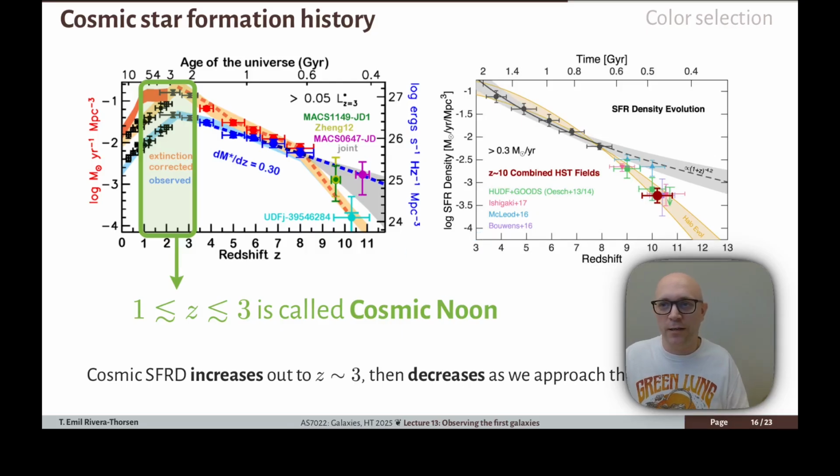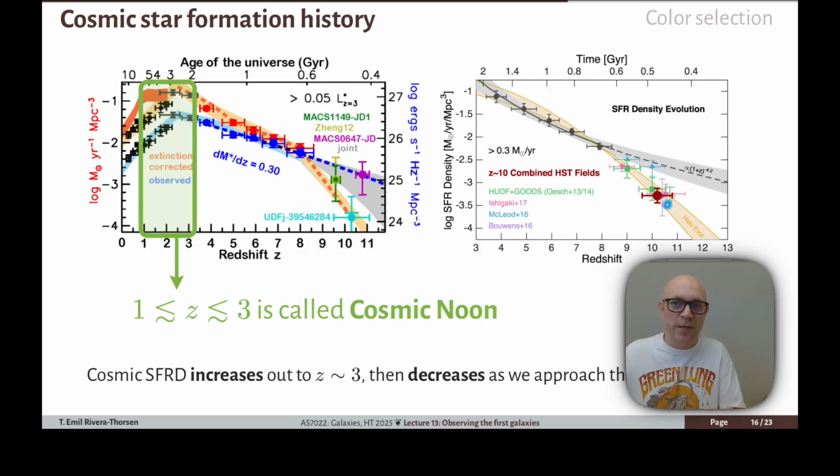What we have over here in the right side is basically just a better zoom in of what we see here, with some updated data and some better error bars. You can see the error bars here are a good deal smaller than they were over here. But it's basically the same history we see, right? But interestingly, we see that this power law thing that we see between redshift 3 and redshift 8 breaks off and it goes down more rapidly from redshift 8 and down to redshift 10, 11, which is basically as high as we can get.